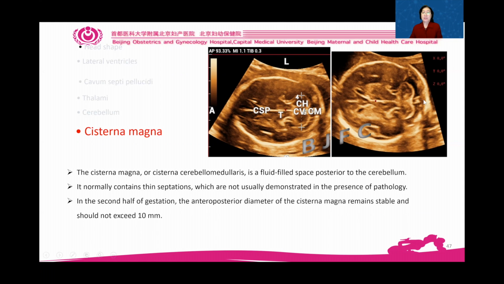It's normal. The septa are normal. In the second half of gestation, the anterior-posterior diameter of the cisterna magna remains stable and should not exceed 10 millimeters.